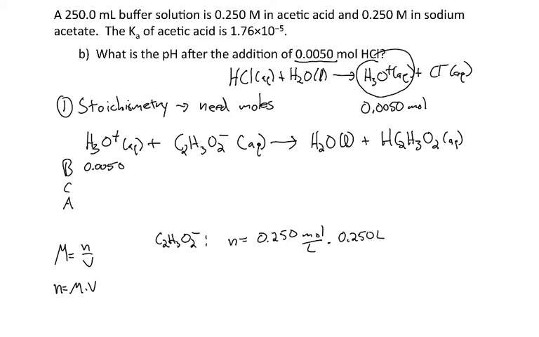Remember, the volume needs to be in liters, so I converted my 250 milliliters into liters. And then that gives me 0.0625 moles of acetate. And because the acetic acid has the same concentration and the same volume, I'll go ahead and work it out, but we're going to get the same number of moles.